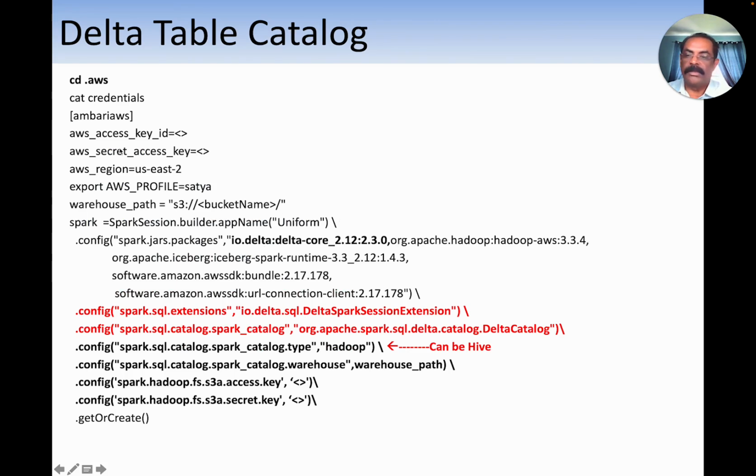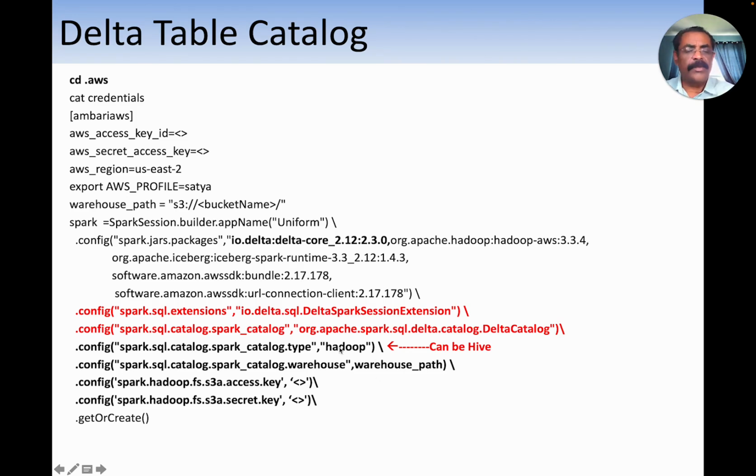Everything is similar. Since I'm reading my Delta table, we use the Delta catalog. So we saw the Nessie catalog, Delta catalog, Glue catalog. This is very important. Since we are not reading Iceberg here, this is a Delta extension.